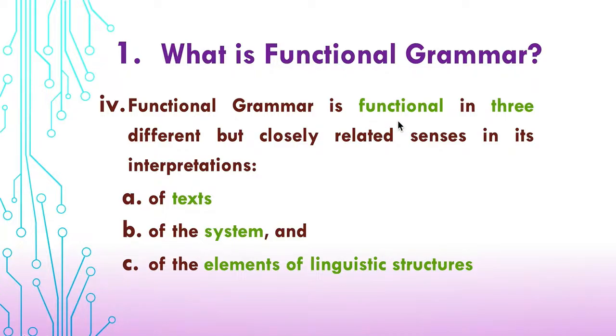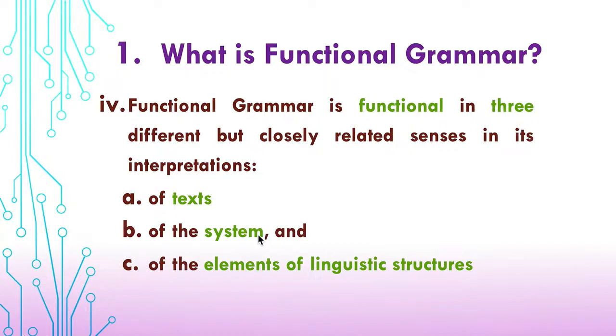Functional grammar is functional in 3 different but closely related senses in its interpretations. Functional grammar is functional, means it works at 3 levels, and all these 3 levels look different, but they are very, very closely connected with each other. Number A, of texts. We look at the texts, look at the composition, look at the oral or written text. Number B, of the system.